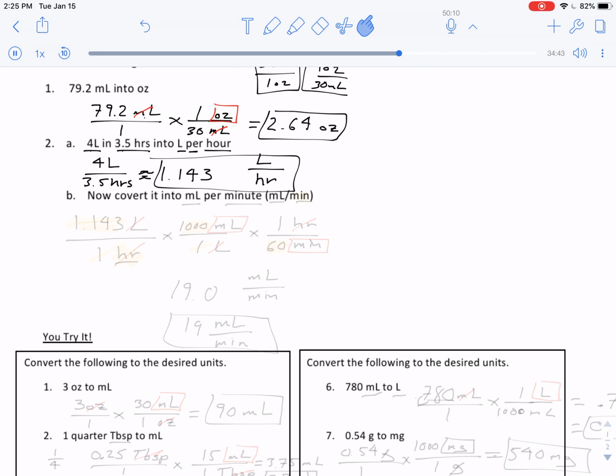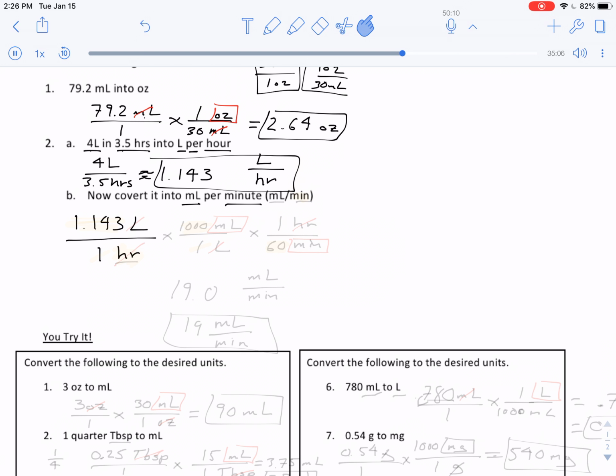So now I want to convert this answer. So I want to convert my 1.143, and let me write it like this, 1.143 liters per 1 hour, because that's what it means. And I want to convert it into milliliters per minute.